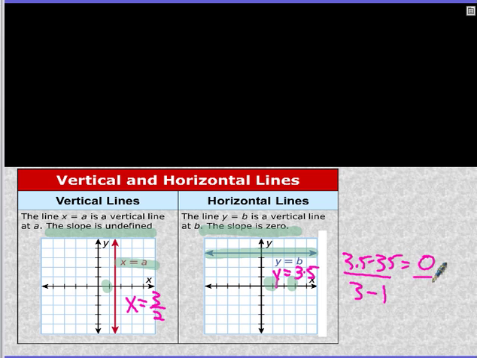That gives me a 0 over 2, which is 0. Unlike if I took this point and this point, I'm going to get 3 minus 0 over 1.5 minus 1.5. That's going to be 3 over 0, which is undefined. So vertical lines have undefined slope, horizontal lines have a slope of 0.